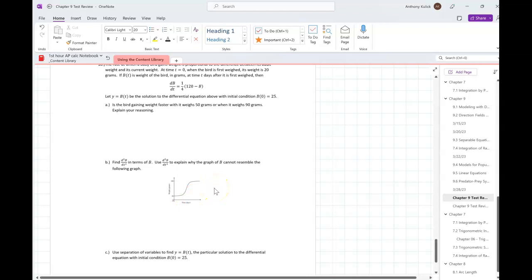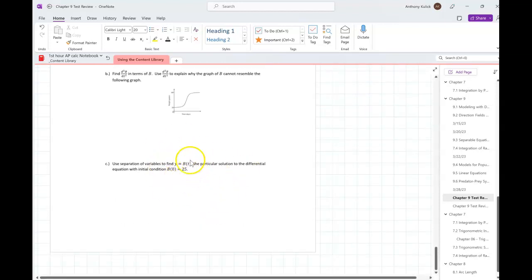Since it's concave up in places and concave down in places, its second derivative would have to be negative someplace but positive some other place. And if the second derivative we actually find is not that, then we know this couldn't possibly be a solution.